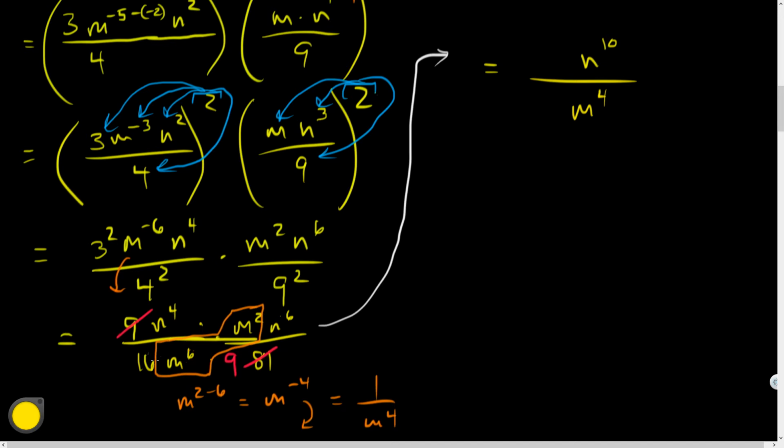Down bottom, I'm going to have 16 times 9. Is that 144? My calculator friends. 16 times 9? Yeah, 144. I was just mostly thinking about 16:9 ratios for televisions. So, n to the 10th over 144 m to the 4th.